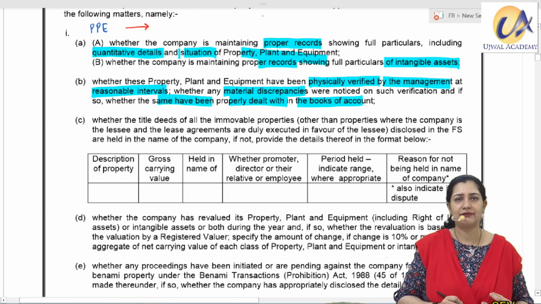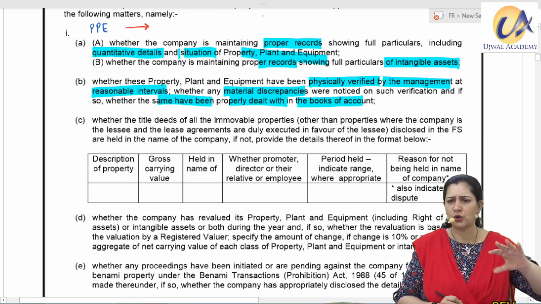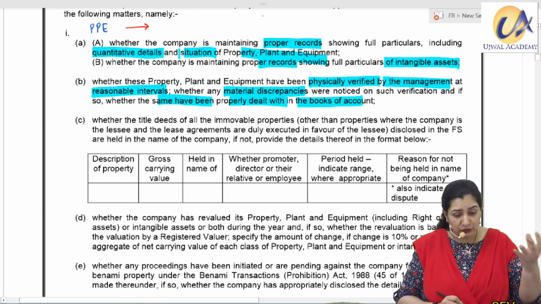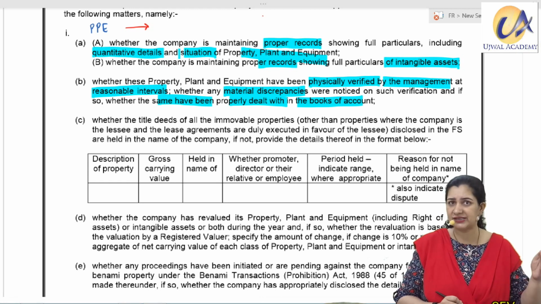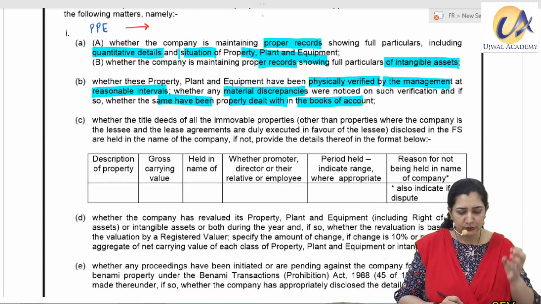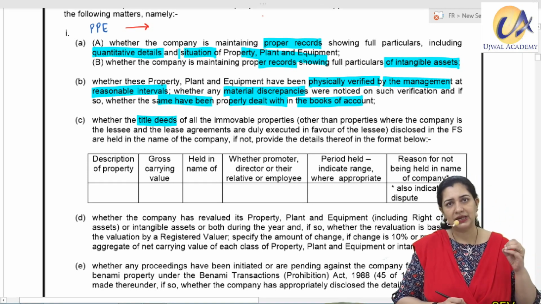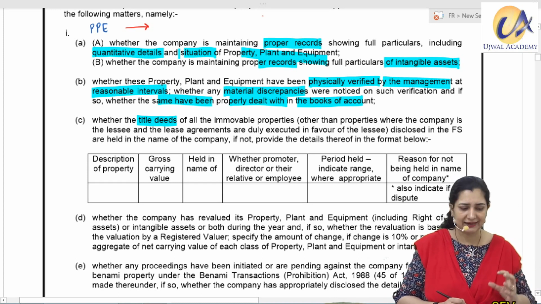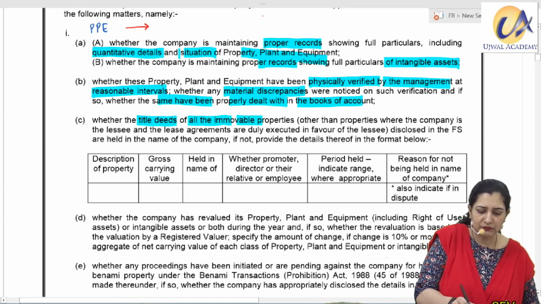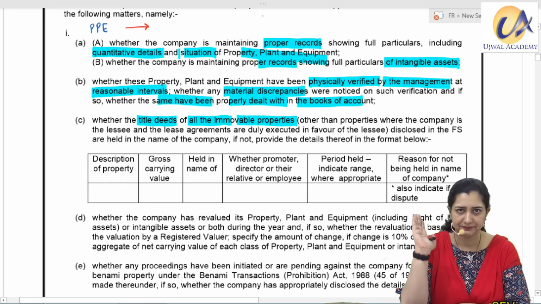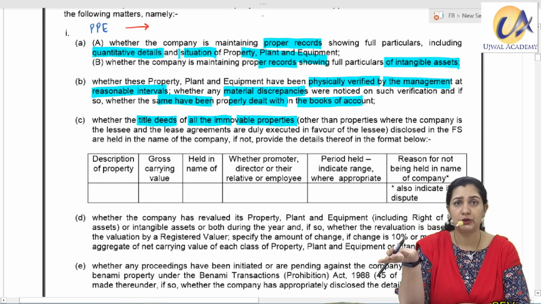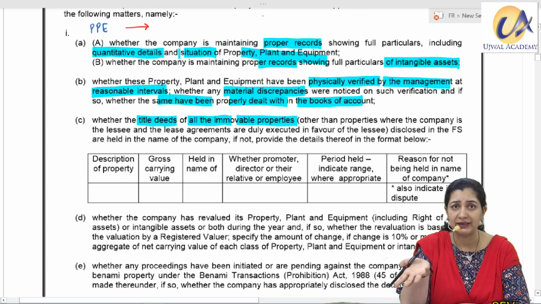The third point is about title deeds. These 2 points, A and B, were always there. Now the new point, which even CARO 16 had, is about title deeds. Whenever we have immovable property, mainly land and building, all the immovable property should be in the name of the company, normal, because it's the company's balance sheet.